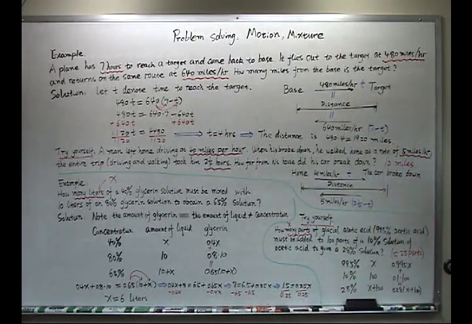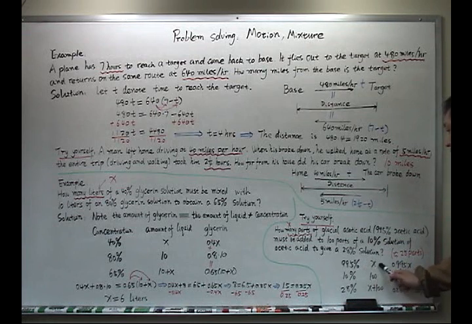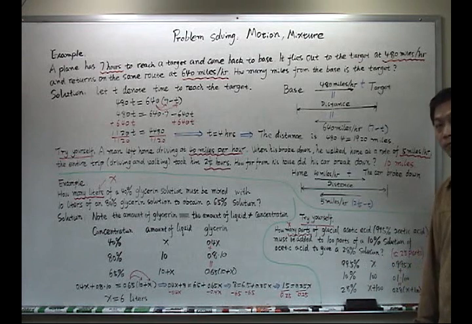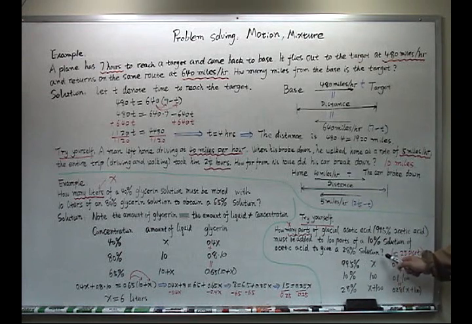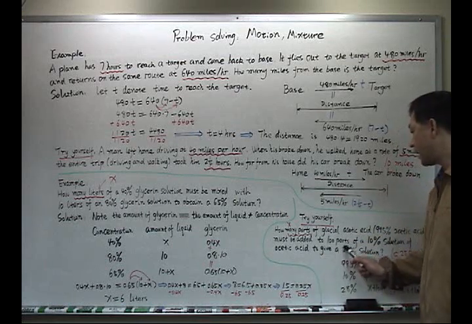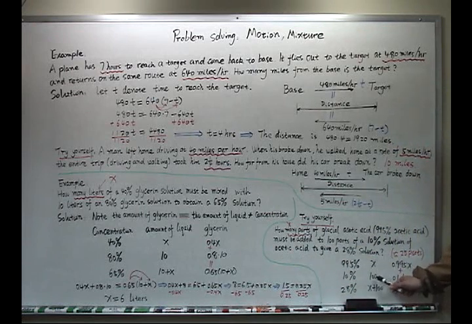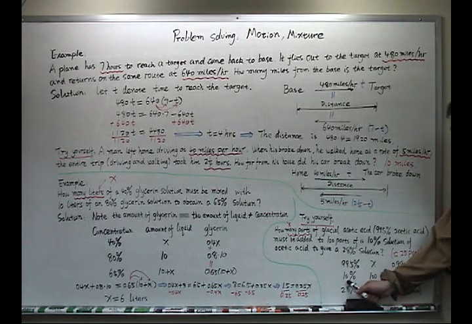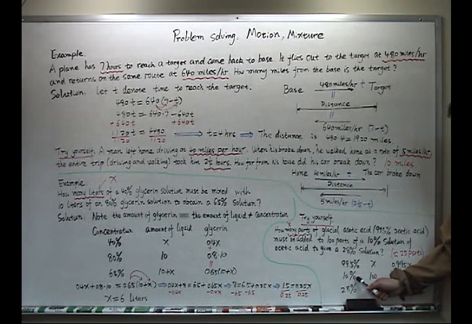So we have 99.5% acetic acid, and the amount of parts is x. Now, the 10% solution of acetic acid corresponds to 100 parts.